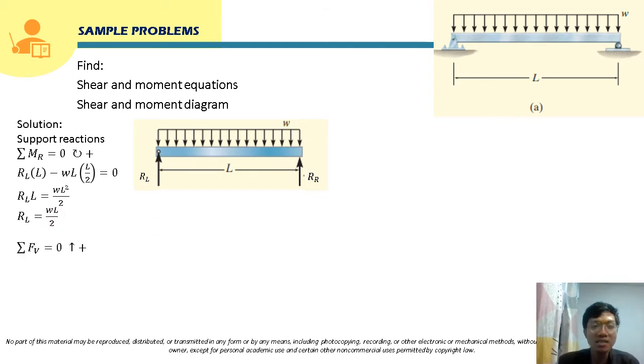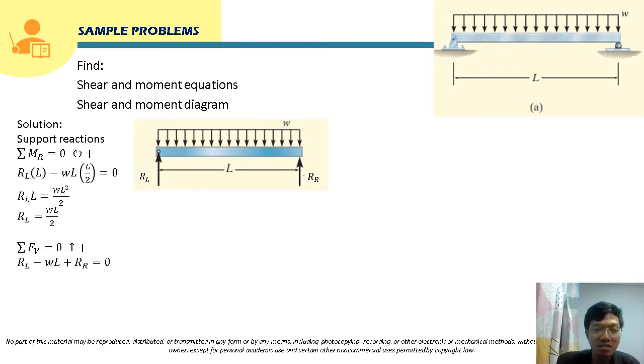Now, to solve for the reaction here at the right support, we can just use summation of forces vertical. We can also take moment at this point to solve for the reaction here. But in this case, we're just going to sum up vertical forces, and upward forces will be assumed as positive.